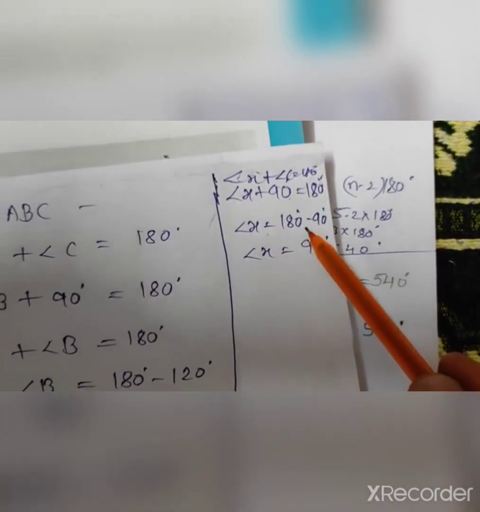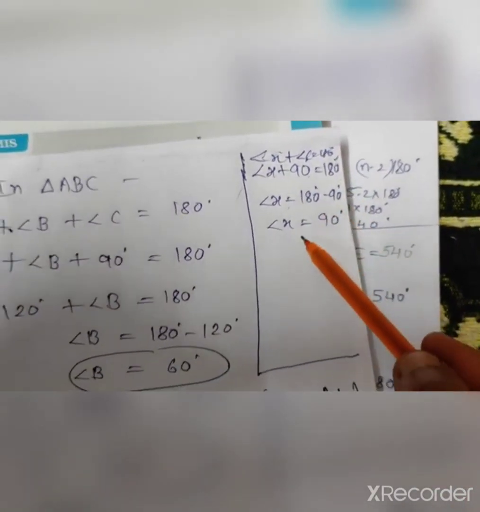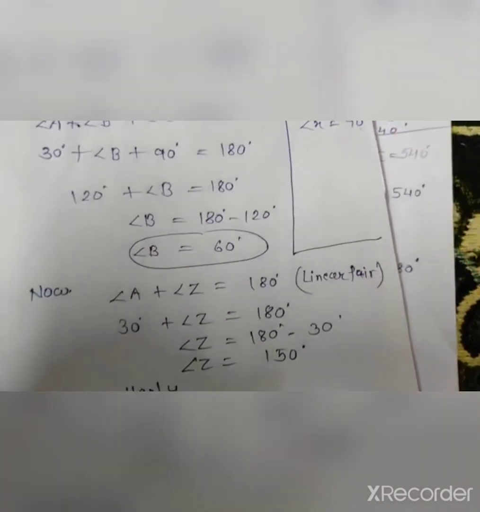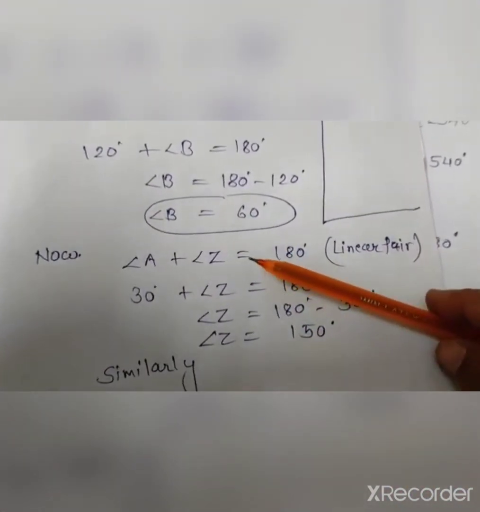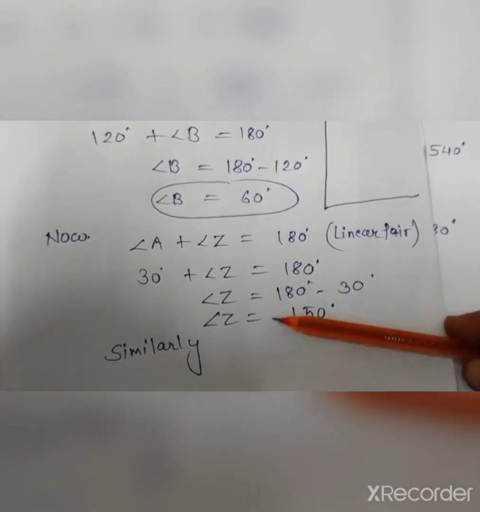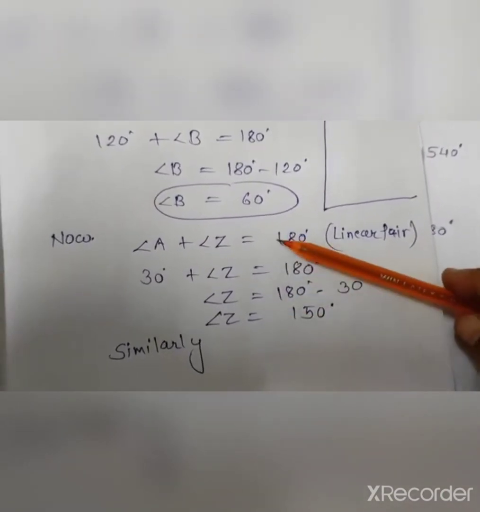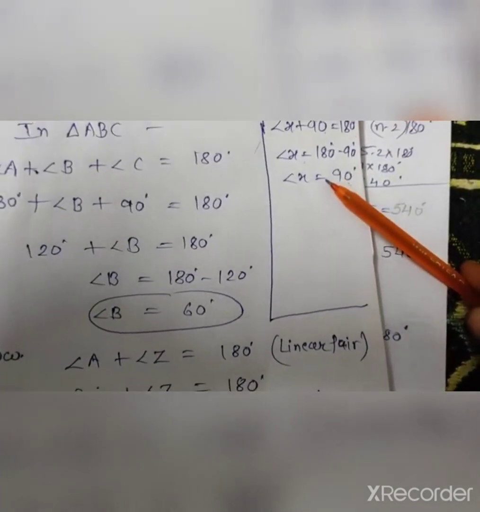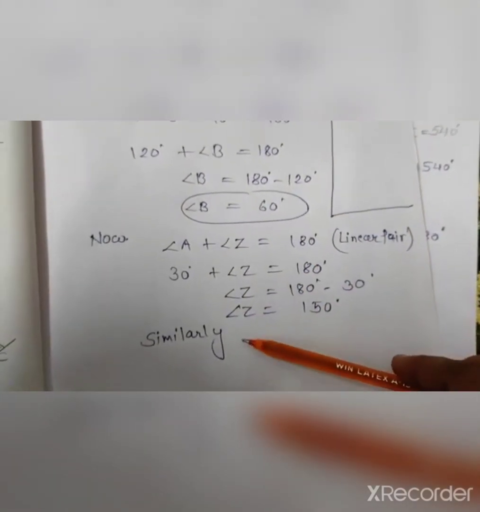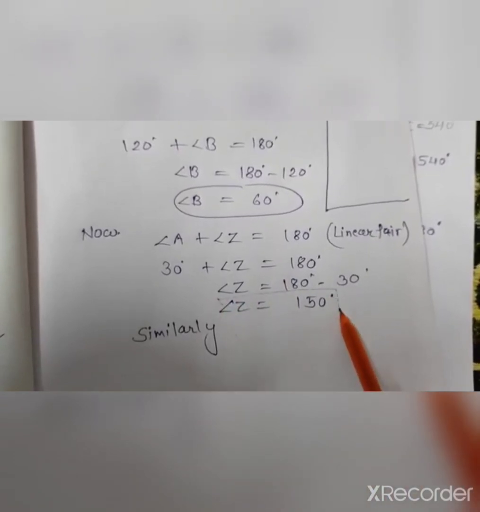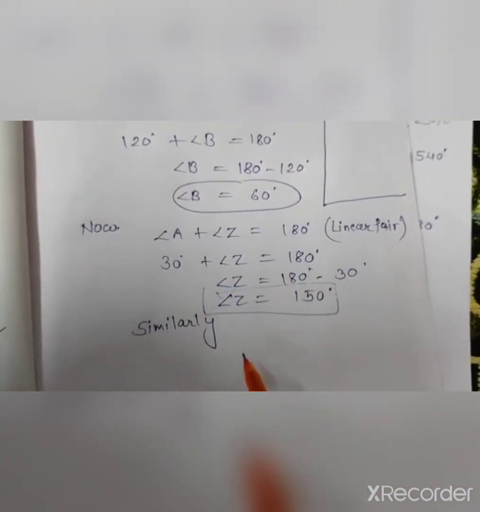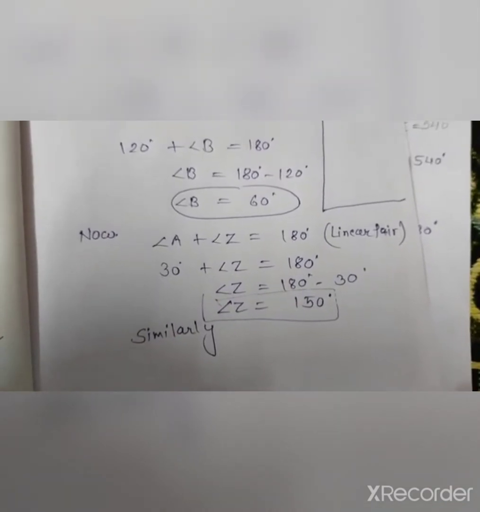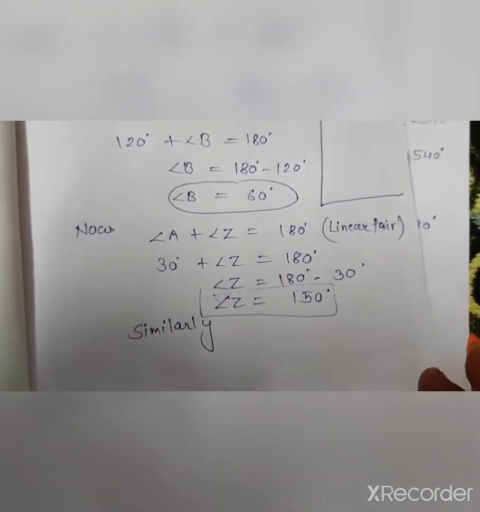So angle X is equal to 180 minus 90. Angle X equals 90 degrees. Okay. Similarly, you need not solve in this way, but I have calculated angle Z first. In this way you will calculate angle X first and then find the rest directly. Similarly angle Z is this and angle W is this, and then you will calculate their addition.